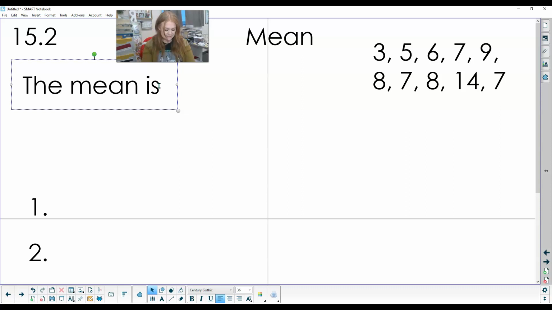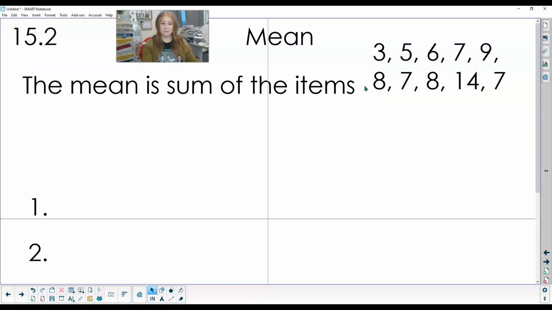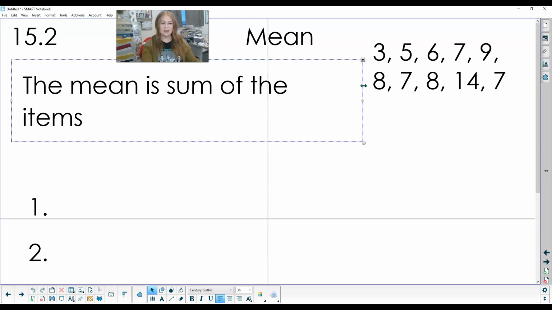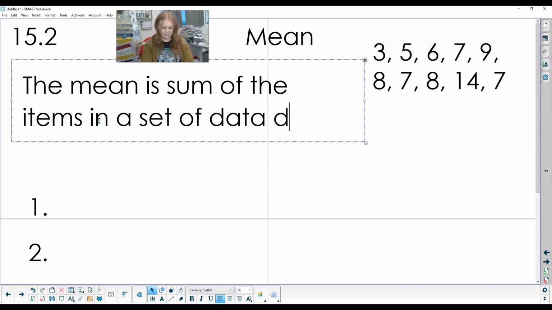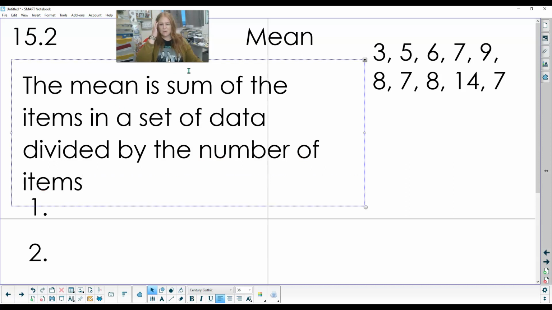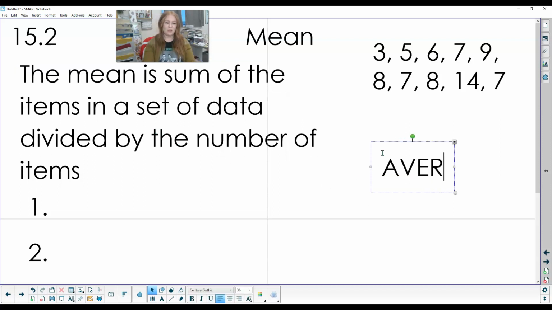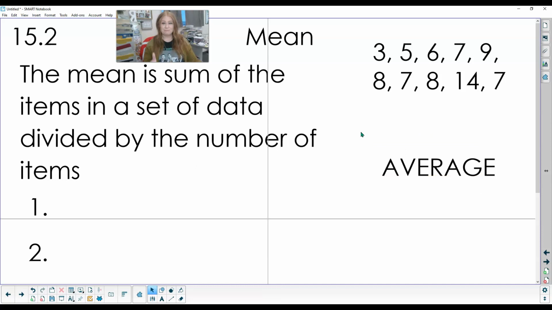The mean is the sum of the items, the sum meaning to add, so the sum of the items in a set of data divided by the number of items. Another word you might hear used for this is the average.